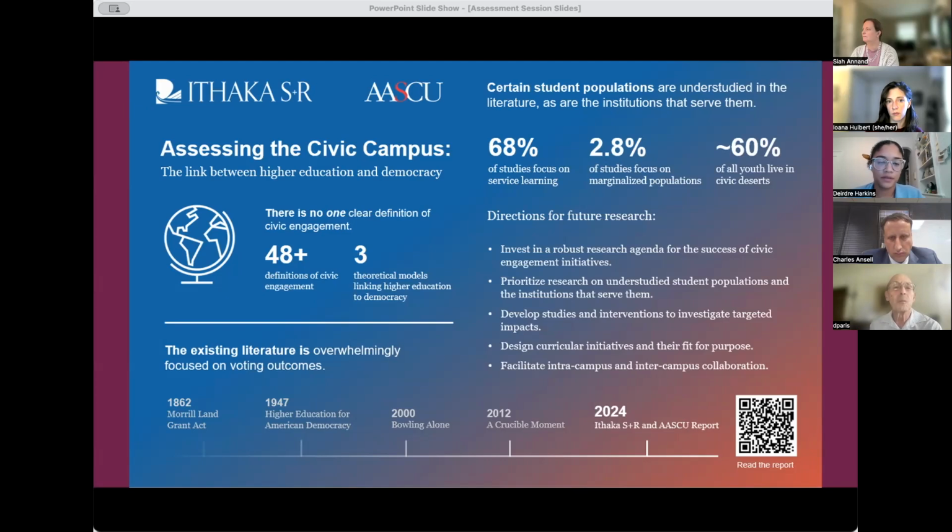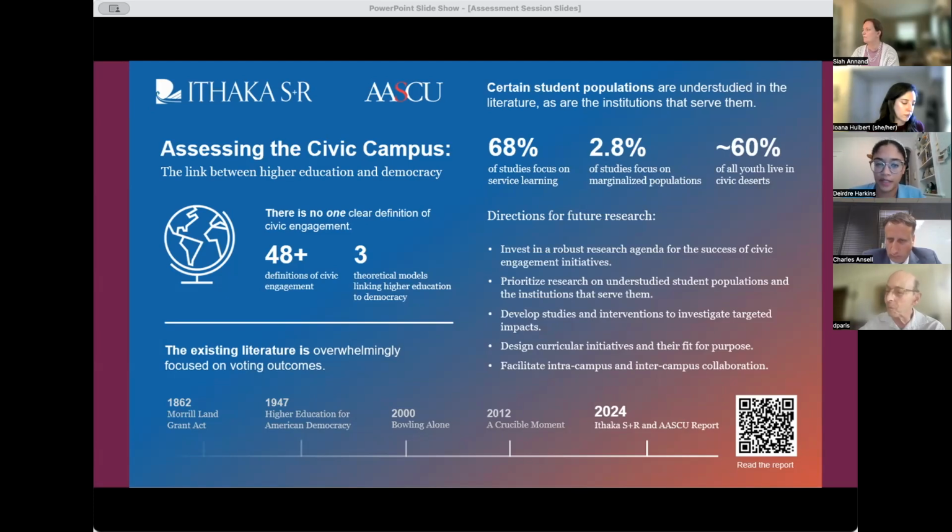Relating to that are demographic variations. More of this research was focused on K through 12 teachers rather than on higher education, but it did raise the question of whether the ideology of faculty members has an impact on their approach to civic education.